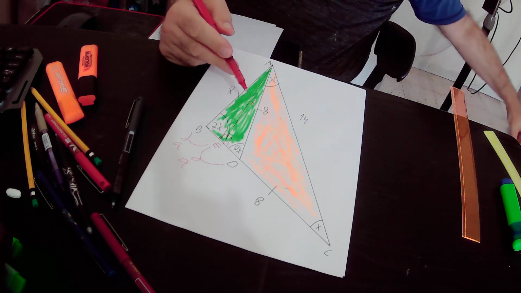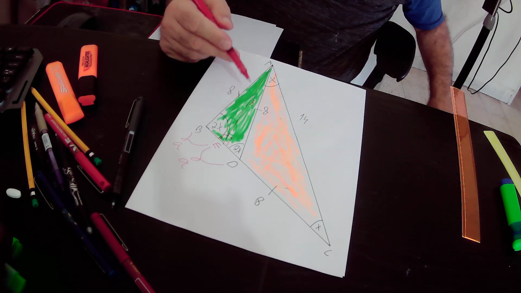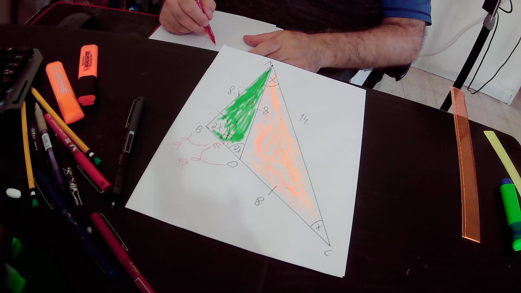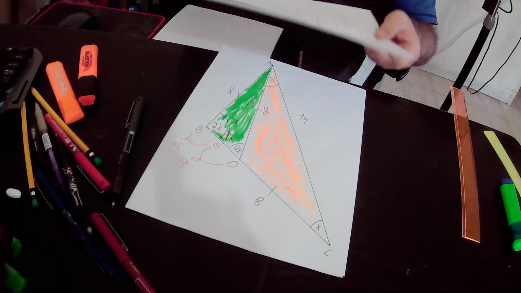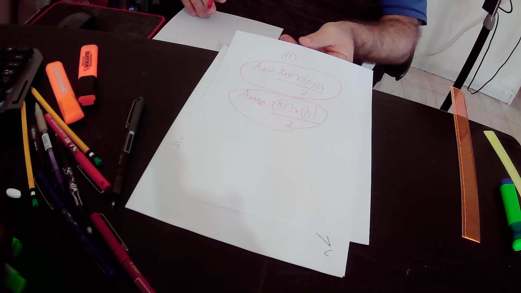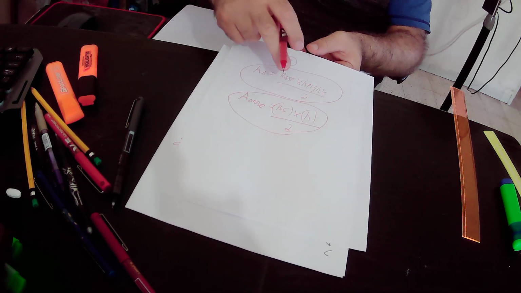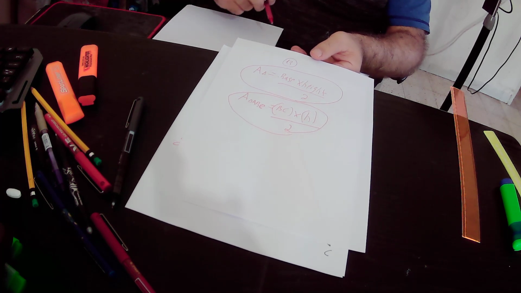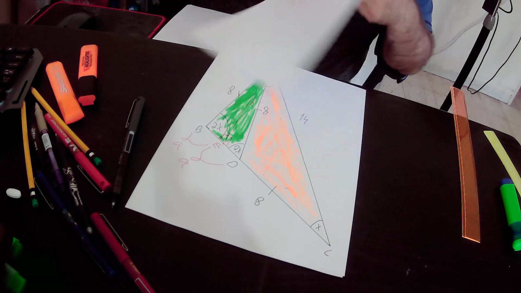So we have all the data that is needed in order to find out the area of triangle ABC. So the area of triangle ABC equals the base, that is BC, times the height, that is H, over 2. But what is the value of BC?